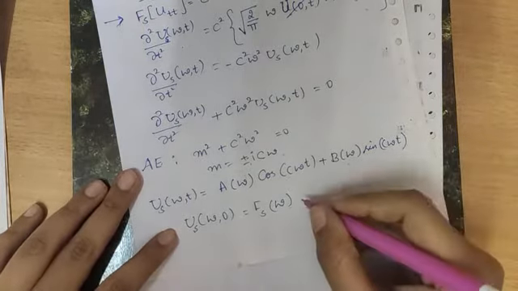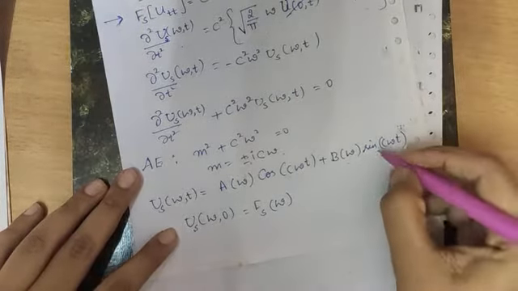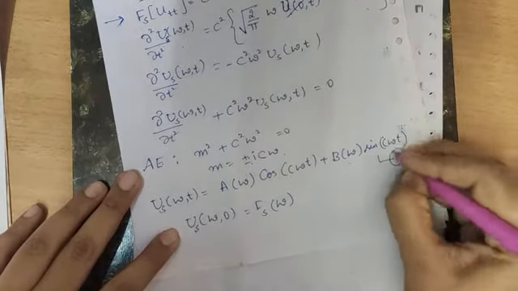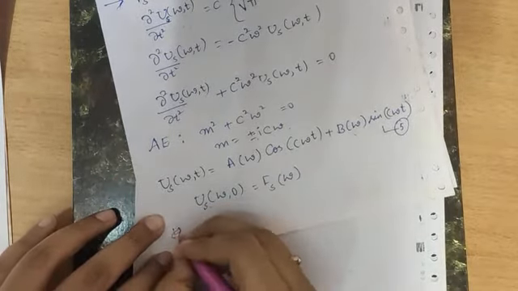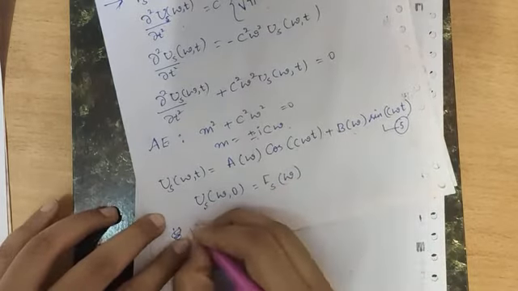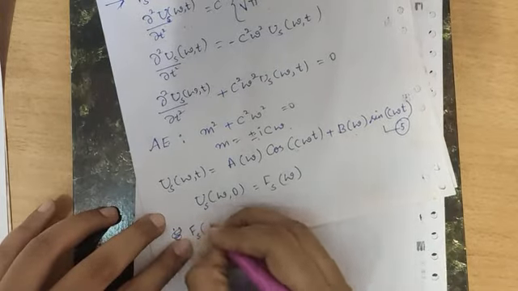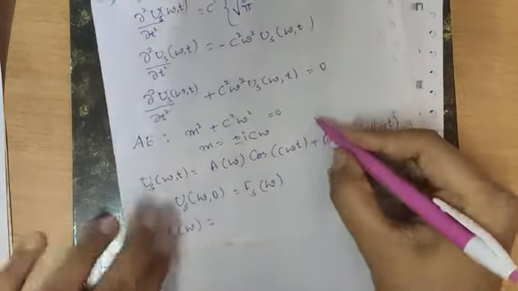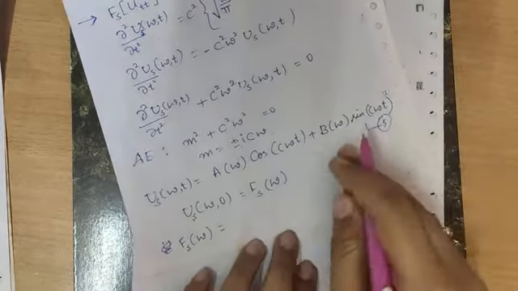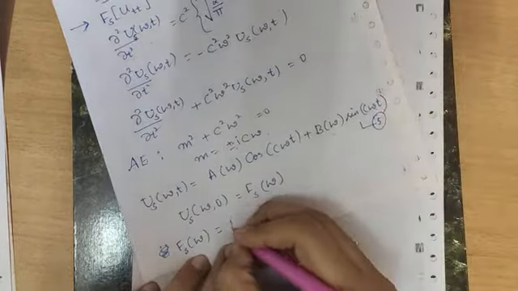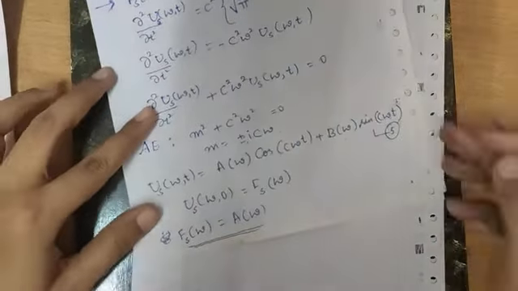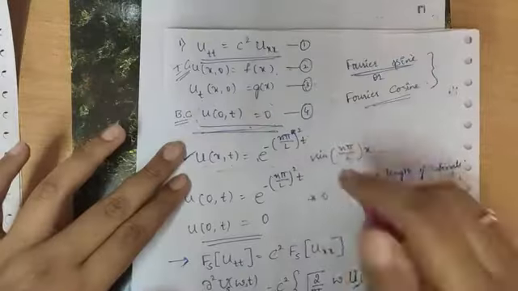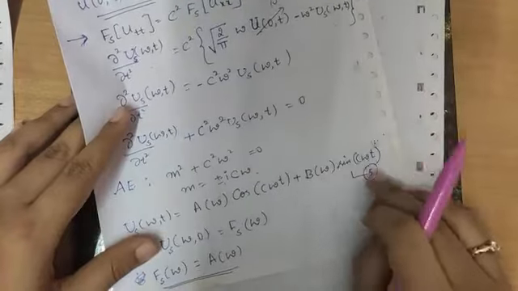If you substitute this in your equation, which I will call equation number 5, you will get Us(ω, 0) is Fs(ω), which is equal to, since cos 0 is 1 and sin 0 is 0, A(ω). This is your A(ω) value. Now I have to use equation 3 and find the value of B(ω) in order to substitute here.